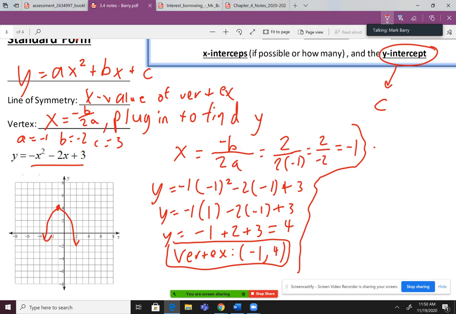So the y-intercept I know is c, so that's just going to be y equals 3. If you look back at the graph, that actually does look like it's going through the y-axis up at 3, right? Cool. I'm not sure where the x-intercepts are, but it just says how many. So I know we have 2 x-intercepts. It's going to hit the graph twice.